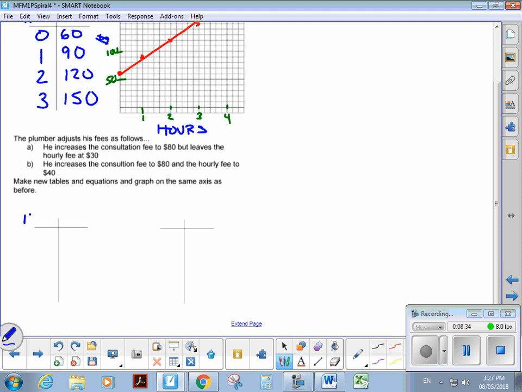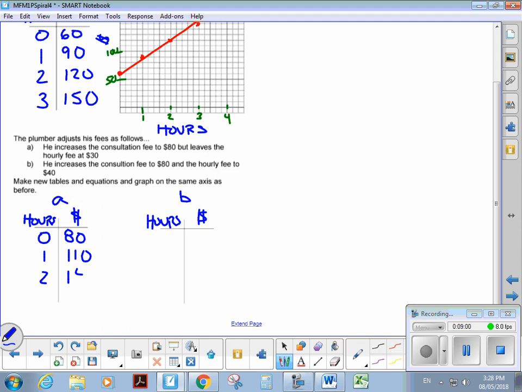So we still have hours and we still have money for both of these. So this is going to be situation A, situation B. All right. First one. At 0, it's going to cost me $80. At 1 hour, still $30 an hour, so that's $110.